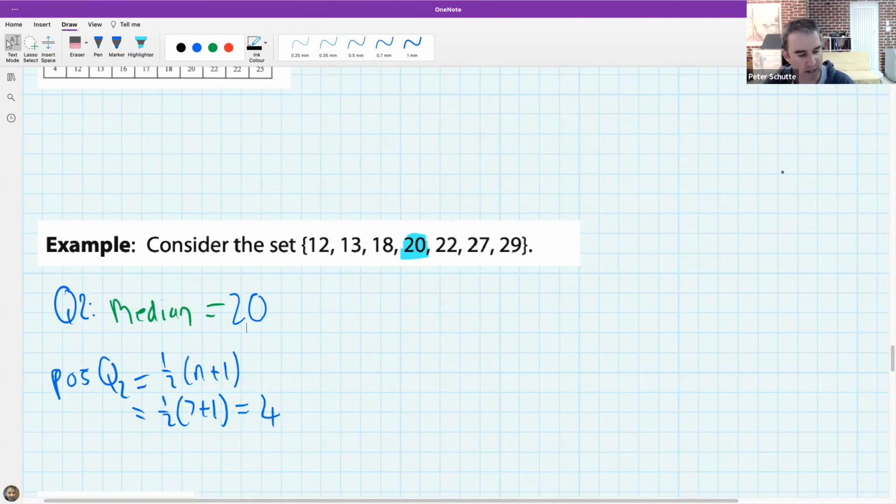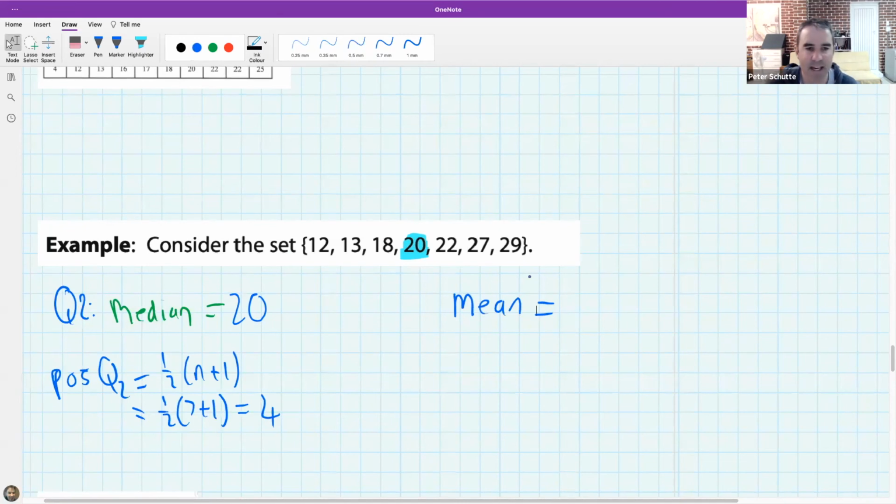A really important idea I want you to start to get used to is the difference between the position in a list and the actual value itself. So this is the middle of the data, and you can see that it's dividing it fairly evenly. Okay. Now, I want you to find me the mean.